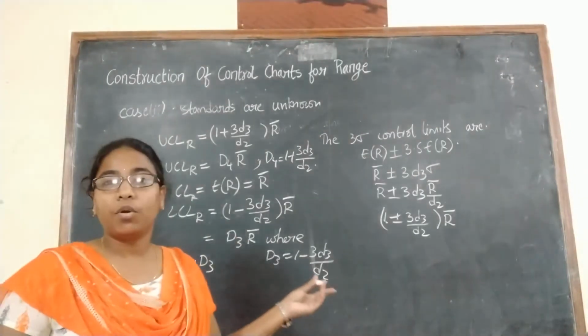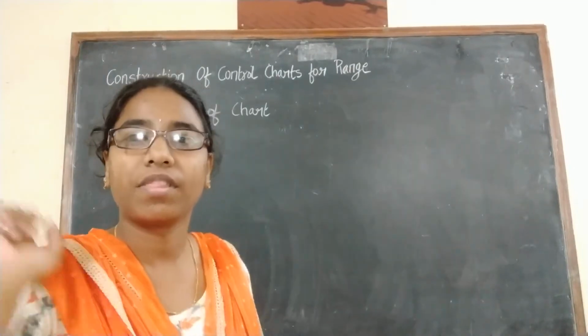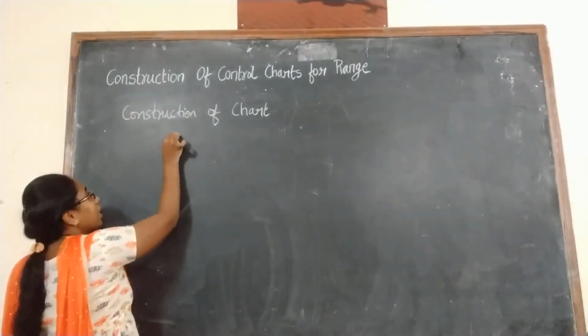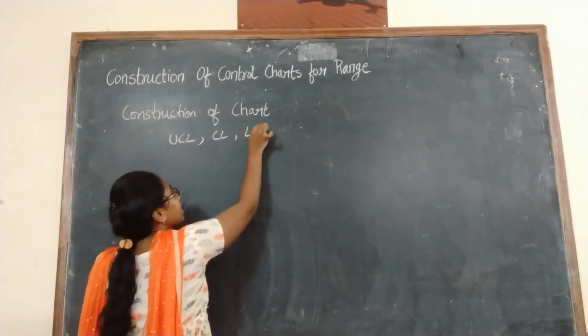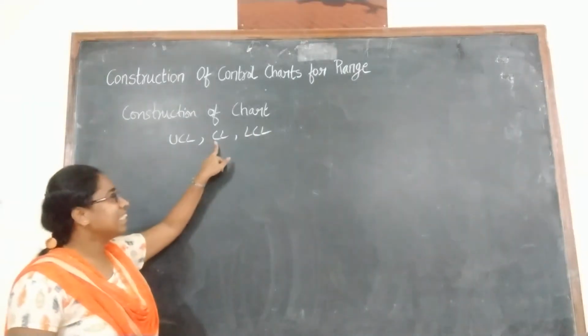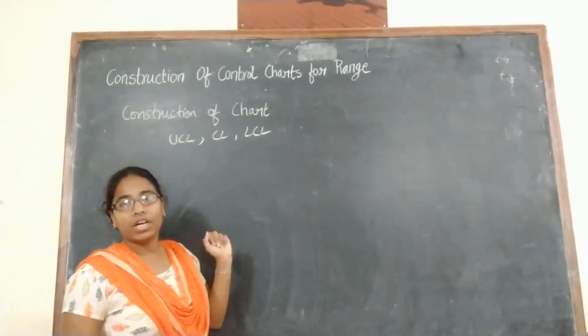After setting the control limits, we need to draw the control charts. We have set the control limits and got the values of UCL, CL and LCL. UCL means the upper control limit, CL is the central line, and LCL is the lower control limit.